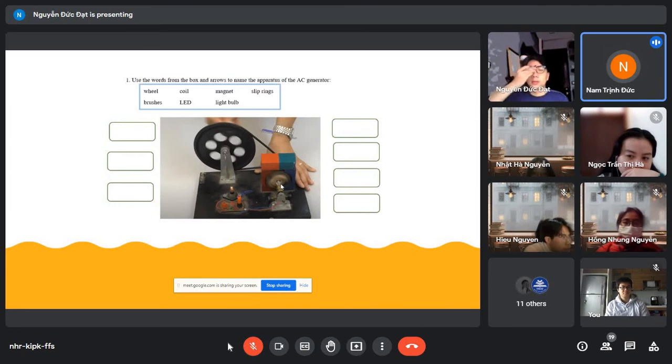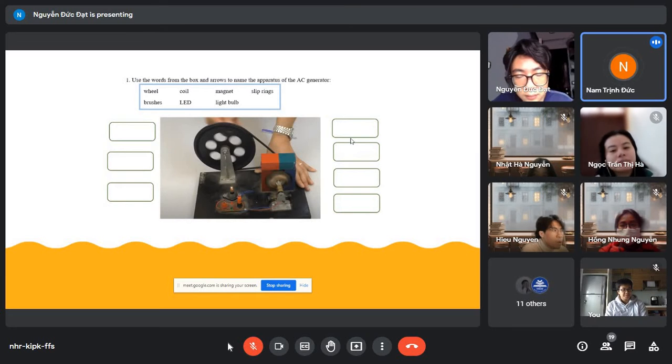Because when the generator is operating, the coil will rotate. So if we just connect the ends of the coil into the circuit, then the coil will be twisted and it cannot rotate anymore. Yes, thank you.